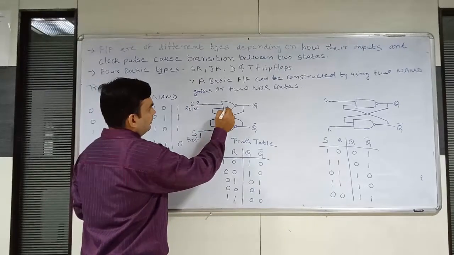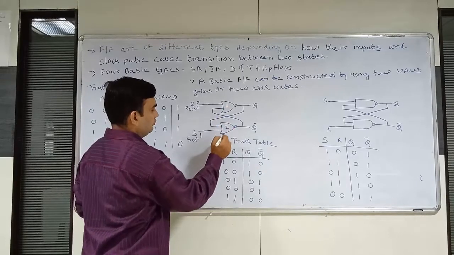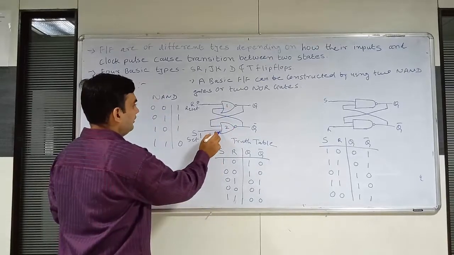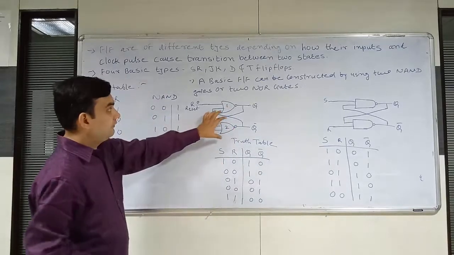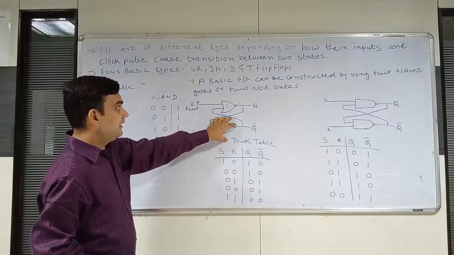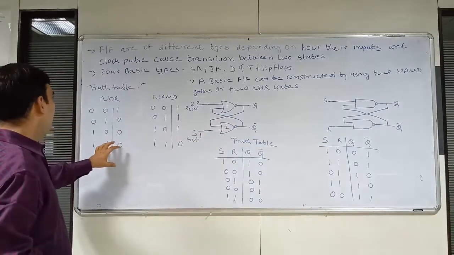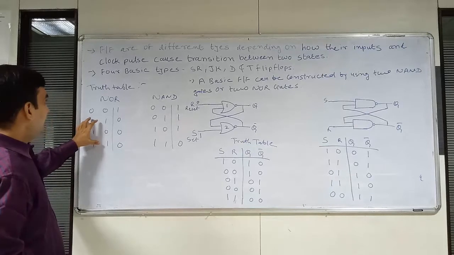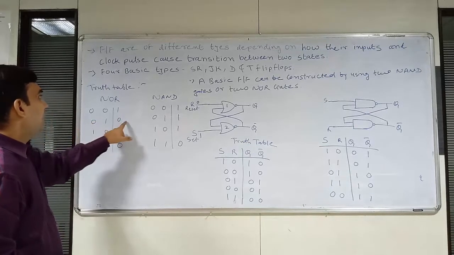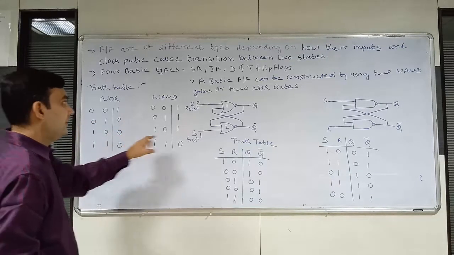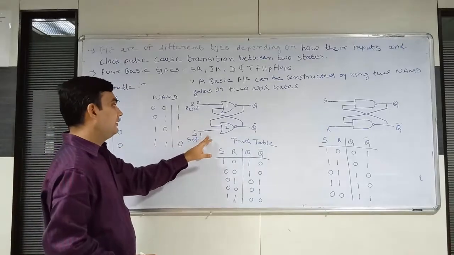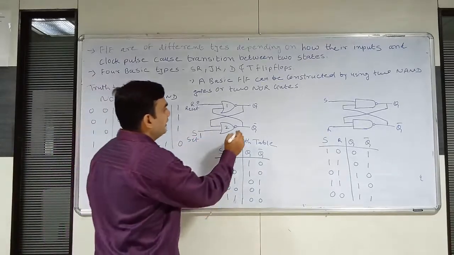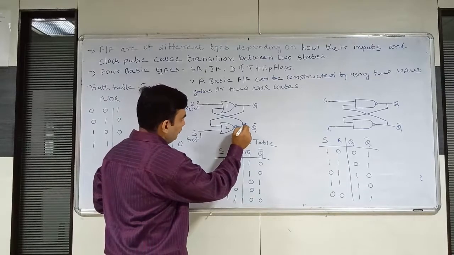to NOR gate 1 and NOR gate 2. So 1 will come here. In the truth table of the NOR gate, when any of the inputs is 1, our output will be 0. Here one input is already given, S equal to 1, so we get output 0.